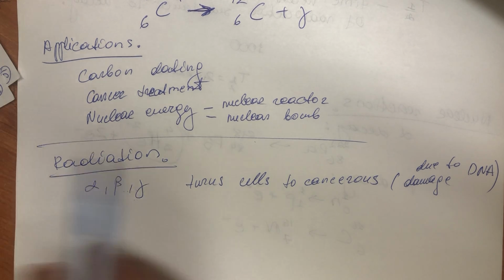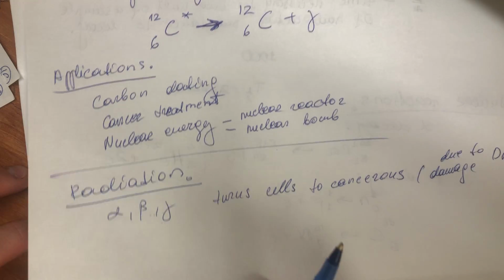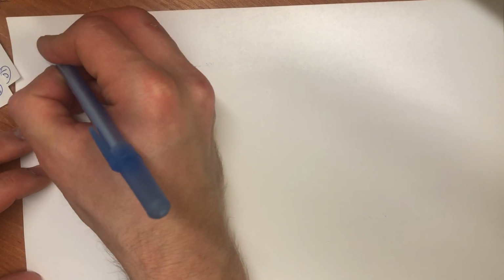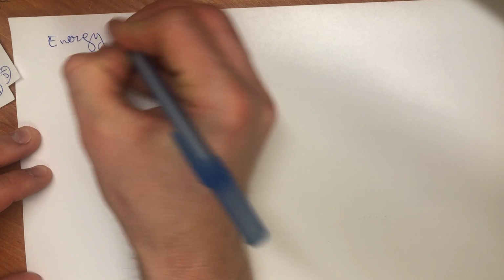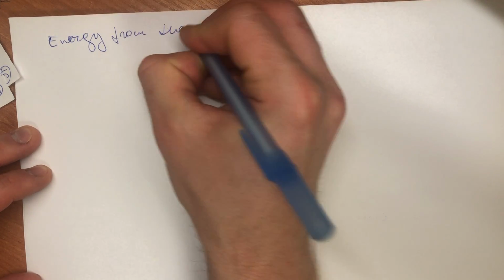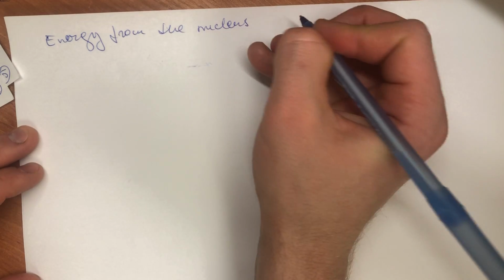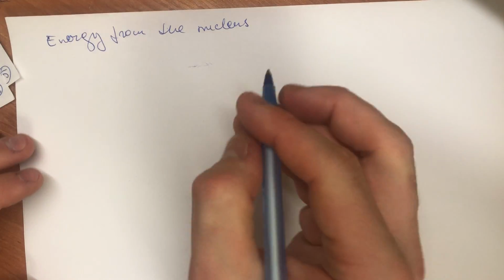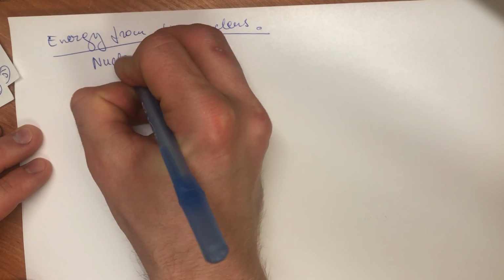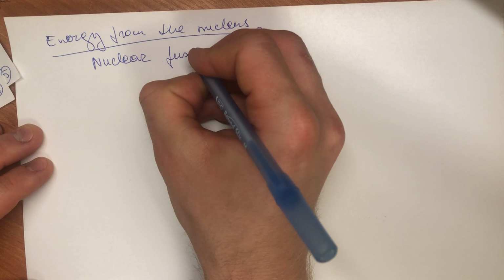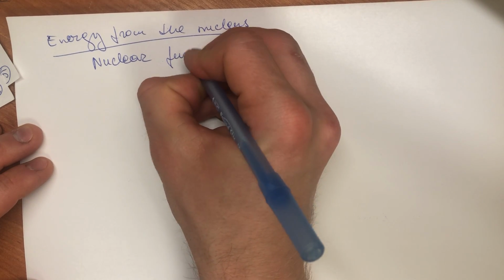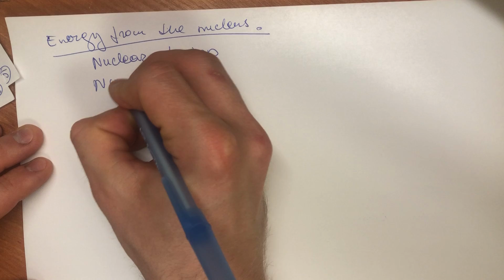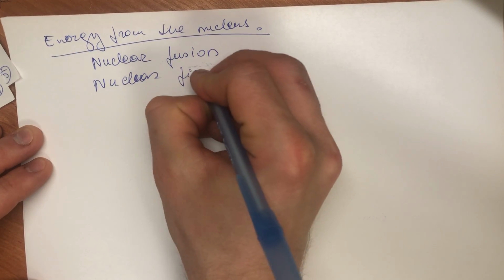Speaking about energy, let's move away from bad things. Energy from the nucleus can be obtained in two ways: nuclear fusion and nuclear fission.